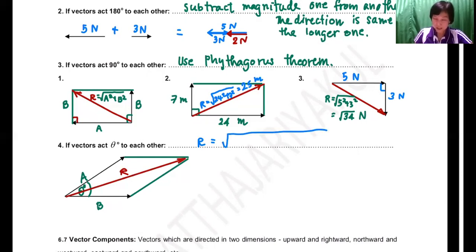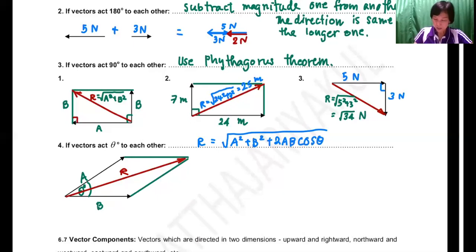So I just would like you to remember the equation and use it. The magnitude of the resultant is the square root of A squared plus B squared plus 2AB cos theta.